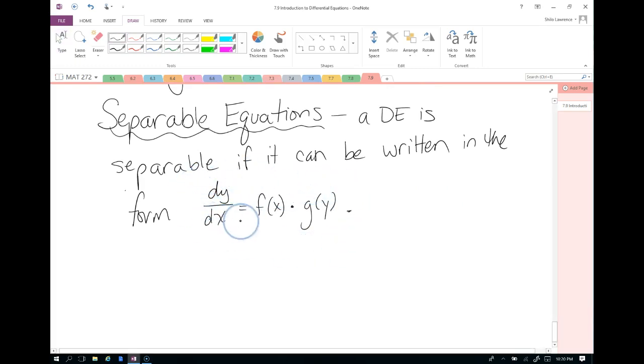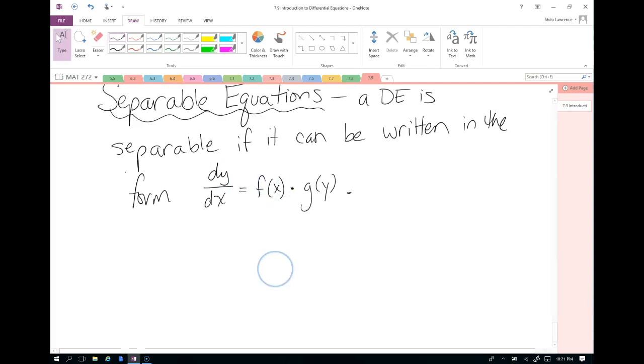Many of the equations that we're going to work on will already be in this form. Some other ones, we might have to move some terms around in order to get it in this form. So once we determine that our equation is separable, what we're going to do is we're going to separate the x's and the y's.